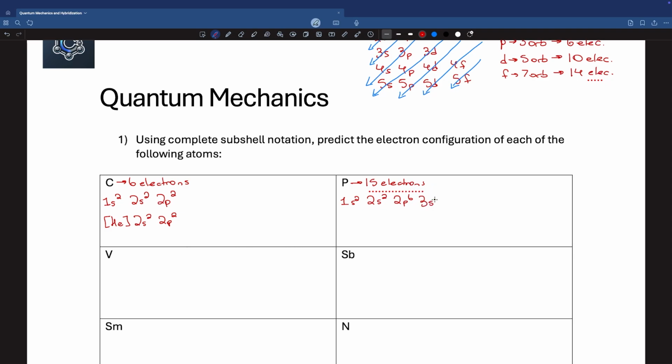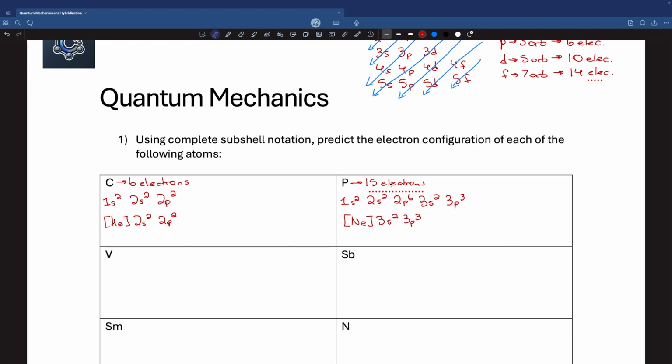So our next one was 3s2, and then we have just 3 more electrons, so 3p3, and it is unfilled, 3 valence electrons. And the nearest noble gas, which has fewer electrons, is neon, and then it ends up being 3s2 and 3p3.